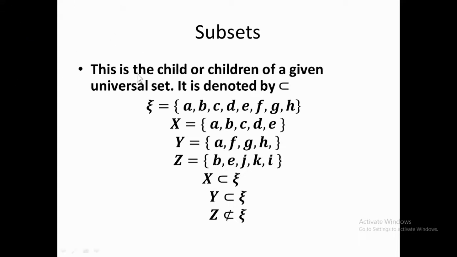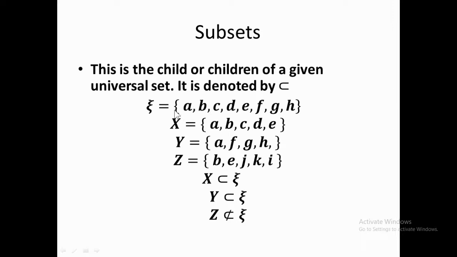The subset is the child or children of a given universal set, and we use the elongated C to denote subset. That is, all other given sets that are inside the universal set are subsets of that universal set.